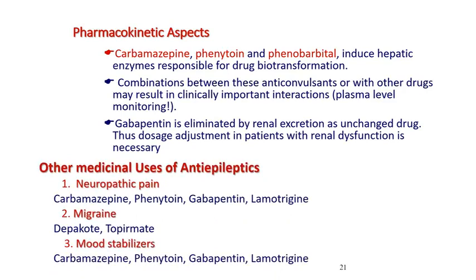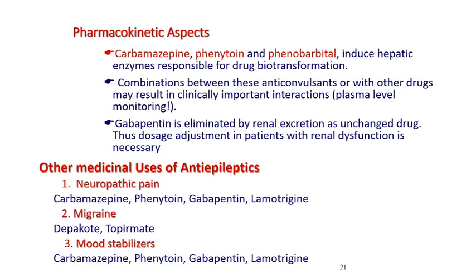Please notice that many of these drugs are used for other medicinal purposes than anti-epileptic effect. We can find some drugs that are used in neuropathic pain, like carbamazepine, phenytoin, gabapentin, lamotrigine.